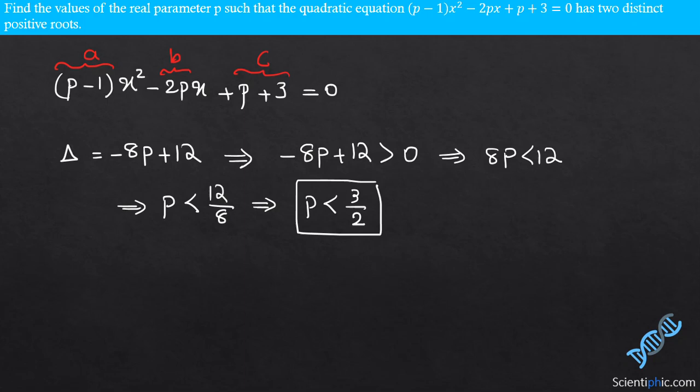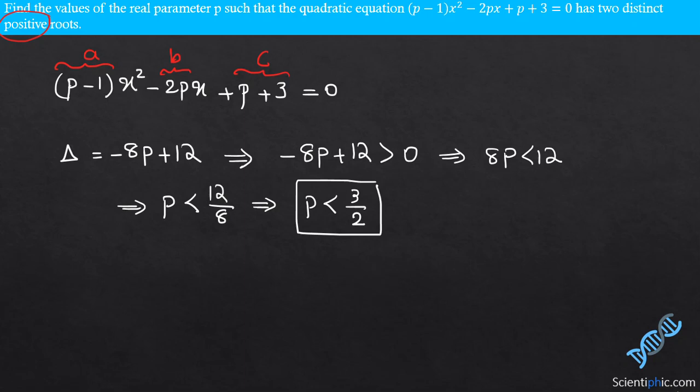So that is one criterion, p has to be less than 3 over 2, but in addition, the equation has to have two distinct roots, and the roots also have to be positive, so that's another condition that needs to be met.